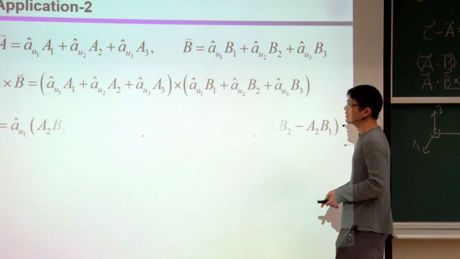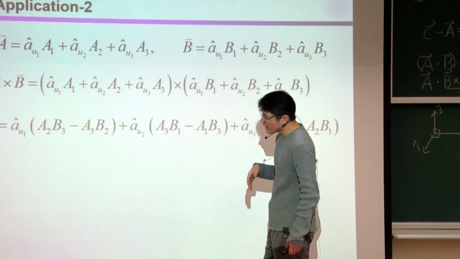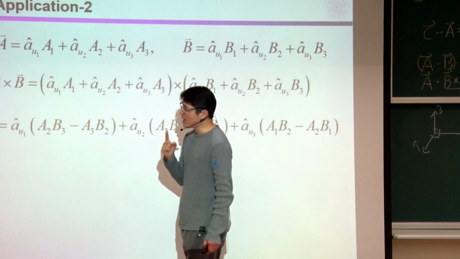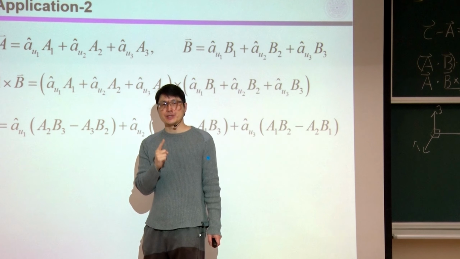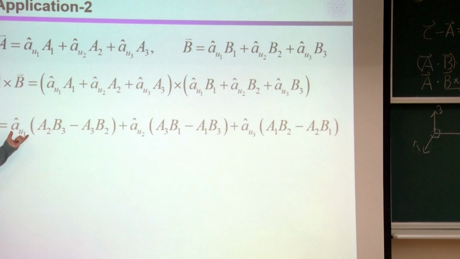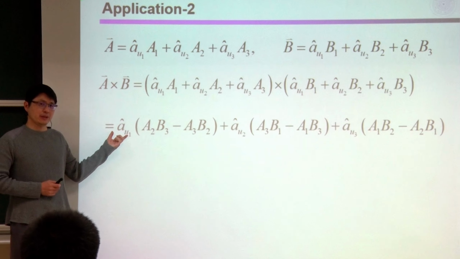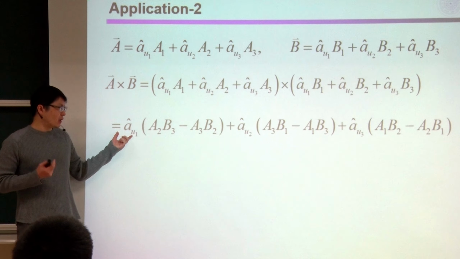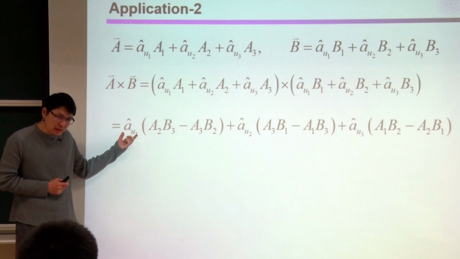Okay? So when you try to calculate the cross product, remember the cross product is asking you to calculate the resulting surface. So the result must be a vector, right? Surface number 1 is pointing in the unit vector 1 direction.